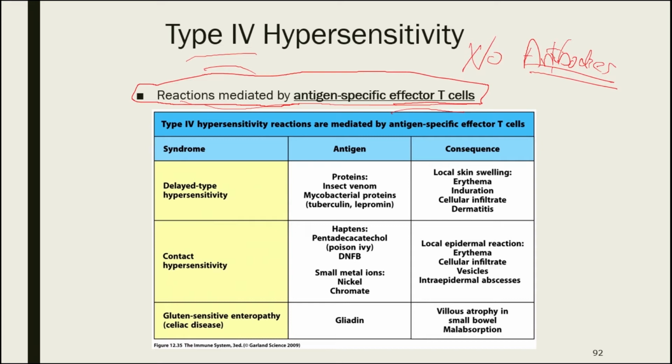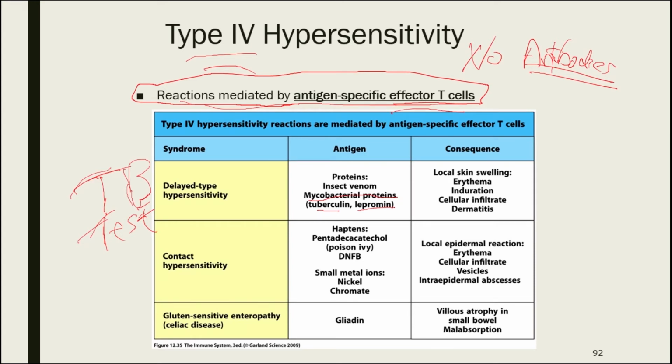Another common one is mycobacteria proteins: tuberculin, lepromin. So what are these? Basically they are TB tests. When you go on rotations, you potentially need to do those TB tests showing you have not even a latent infection of TB inside your body.